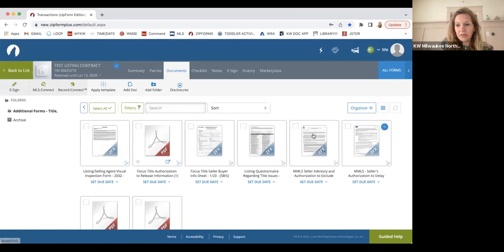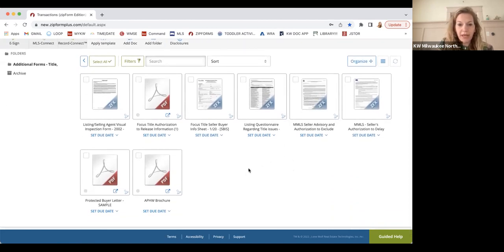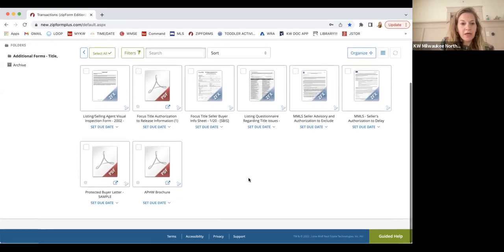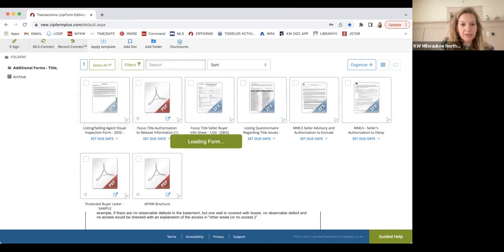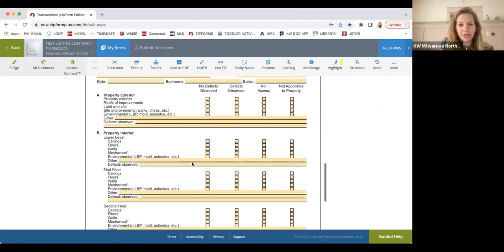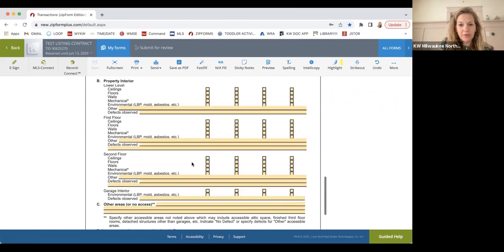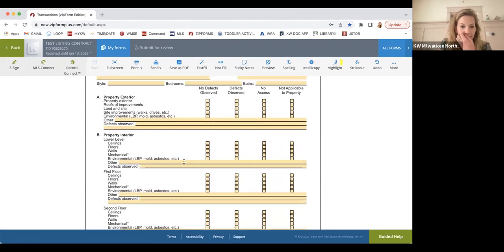Oh, let me go back. Additional forms that you may or may not use. We've got the listing and selling agent visual inspection form. We highly suggest that you guys use this when you're doing your walkthroughs with the seller. When you're on that listing appointment, you're going to be listing the property.